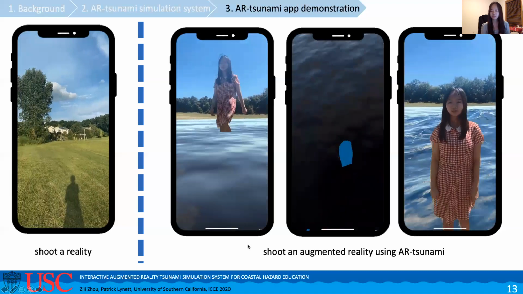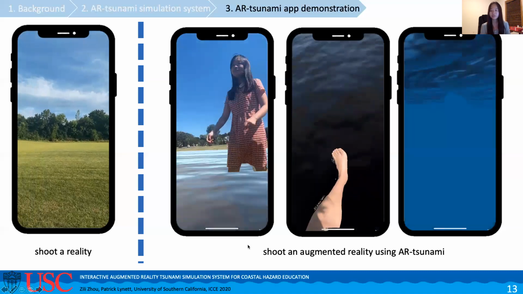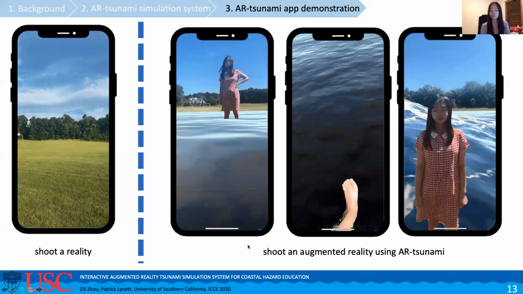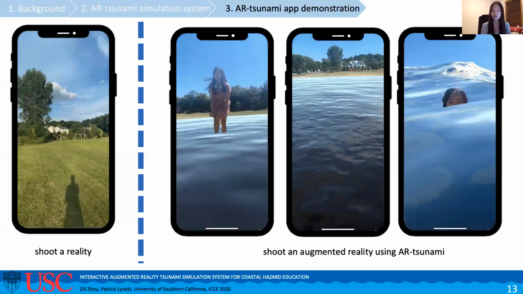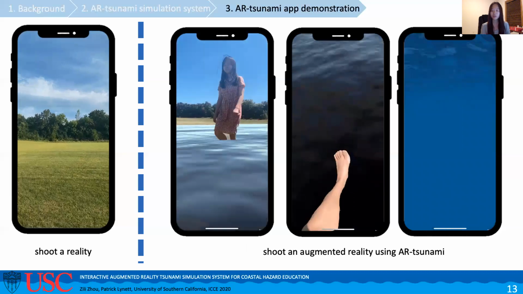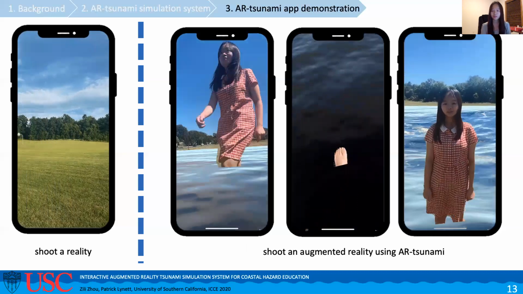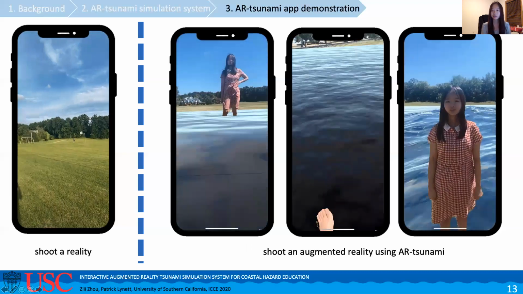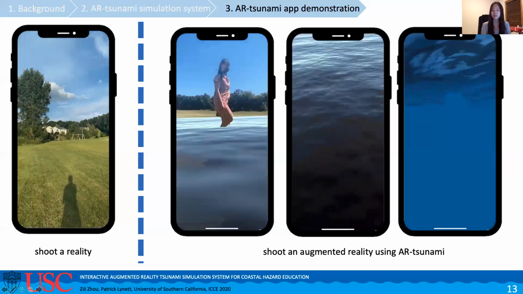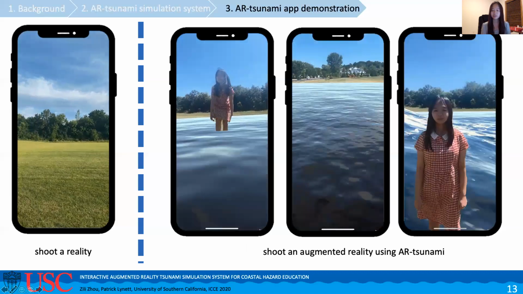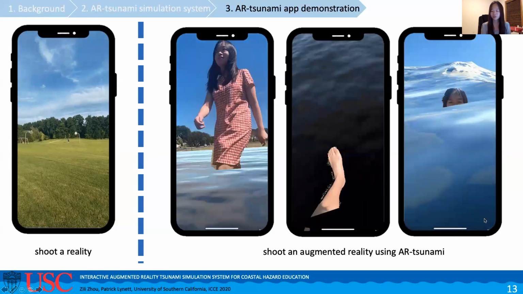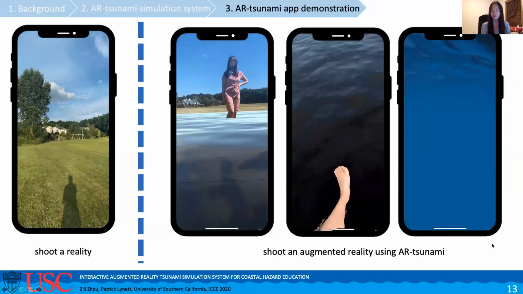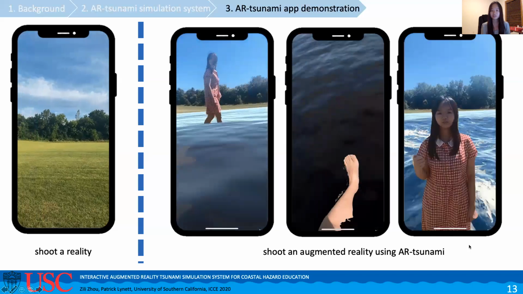On the right, 3 videos respectively show what the app can do. For example, in the first one, I am walking in the water. And for the second one, I am looking down and I can see my foot coming out from the water. And for the last one, I am flooded by the waves.